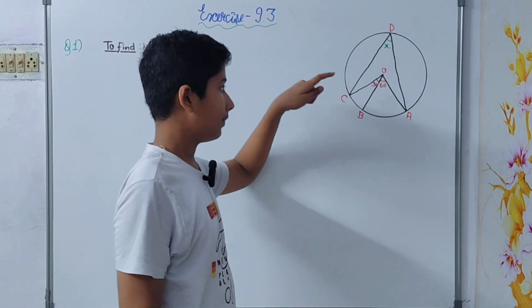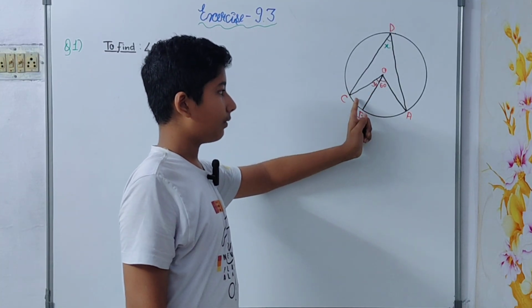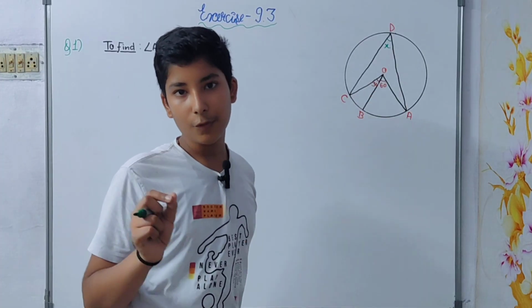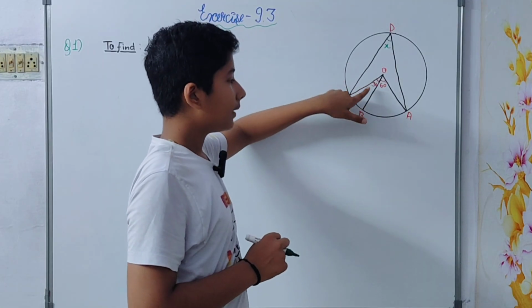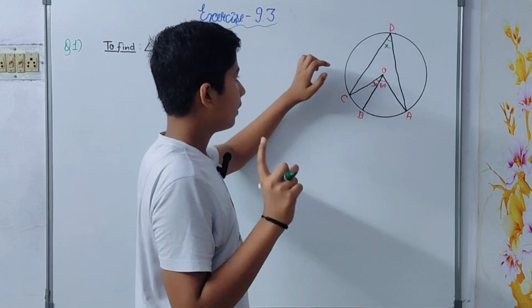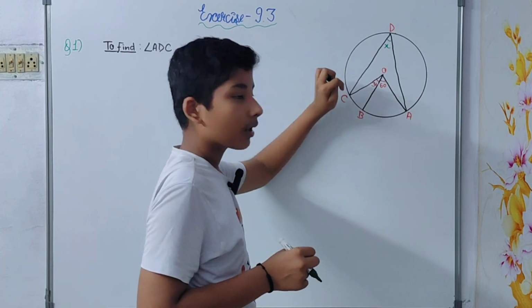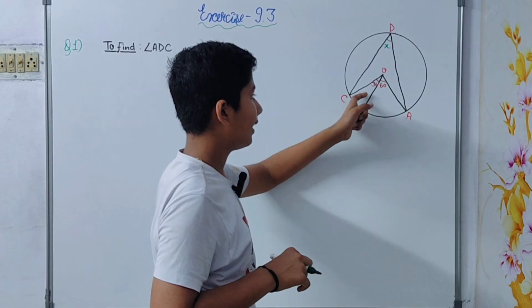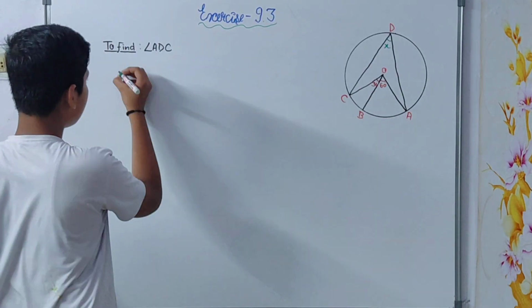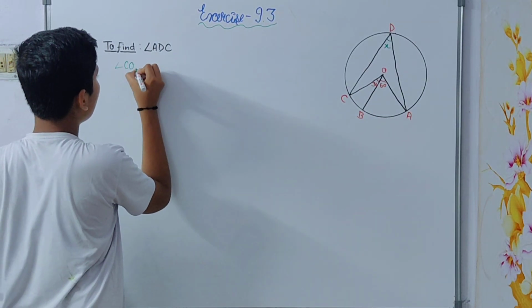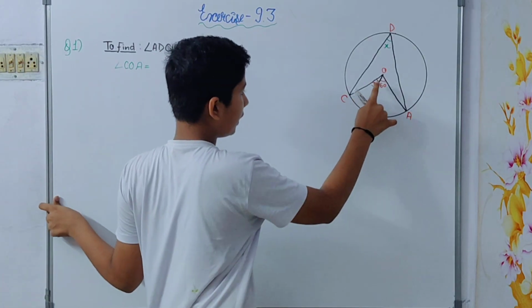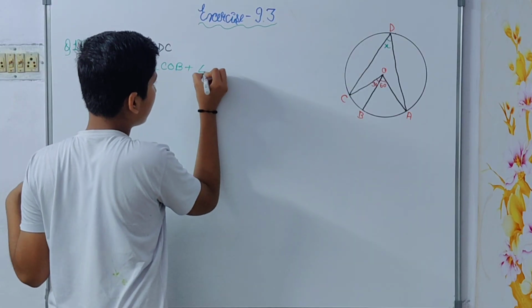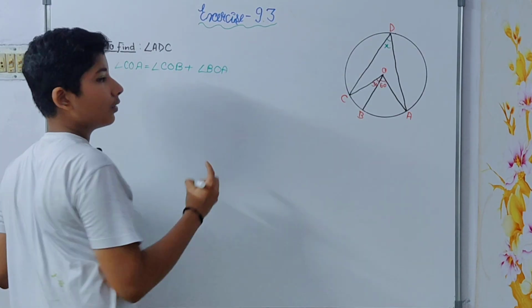Over here we have 60 degrees and 30 degrees. We have got the angles COB and BOA, and they have a single common radius, which is OB. If we add these two angles, we get angle COA. Angle COA equals angle COB plus angle BOA.